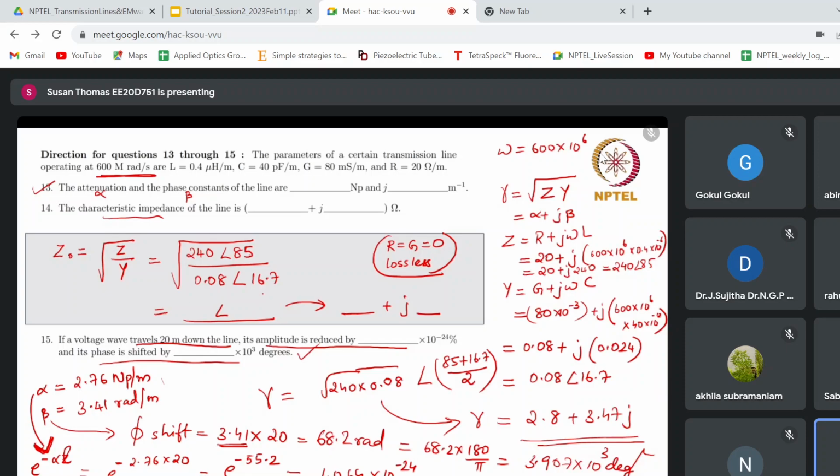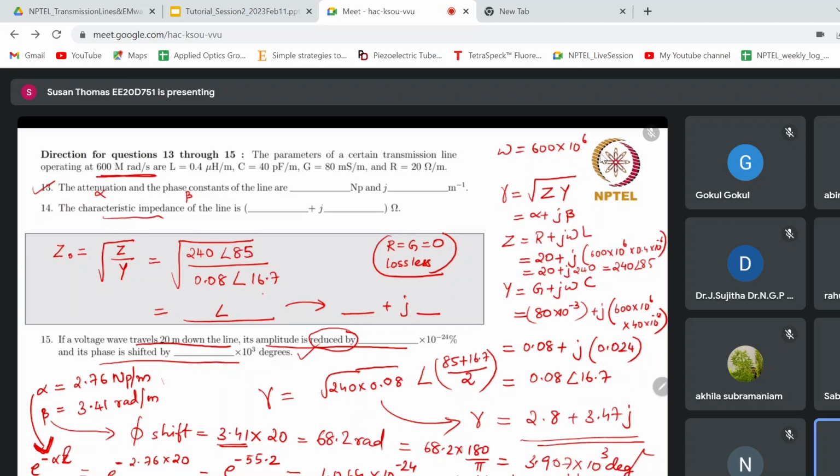This is the attenuation constant and this much will be the attenuation. So how much will be the amplitude reduced by? When you say reduced by, we have to take it like 1.064 minus 1 first. So that will be 0.064.